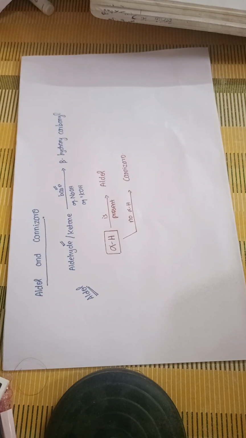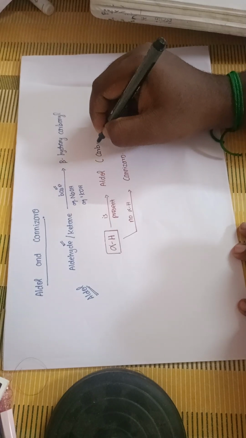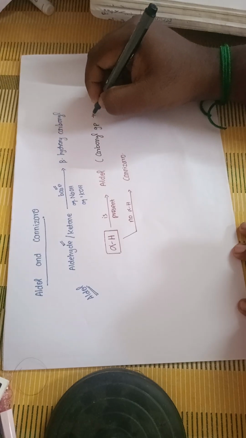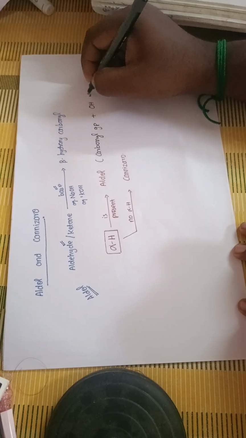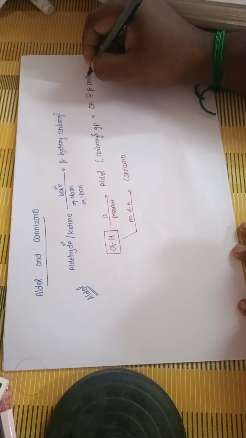Then what is the difference between these two? In aldol reaction, the product will have a carbonyl group plus OH at the beta position. That is aldol.